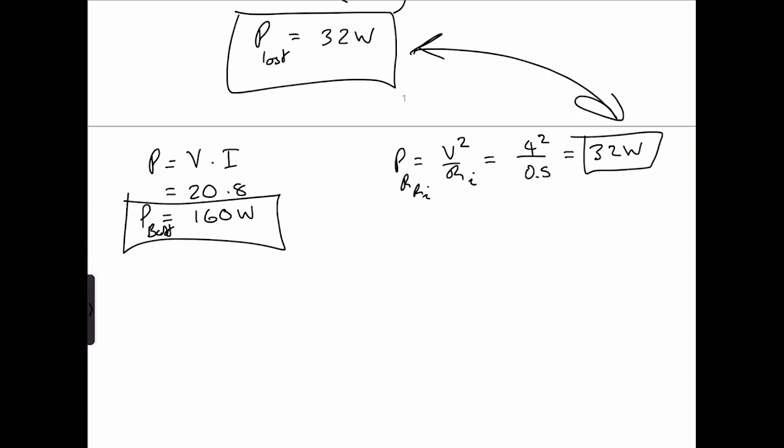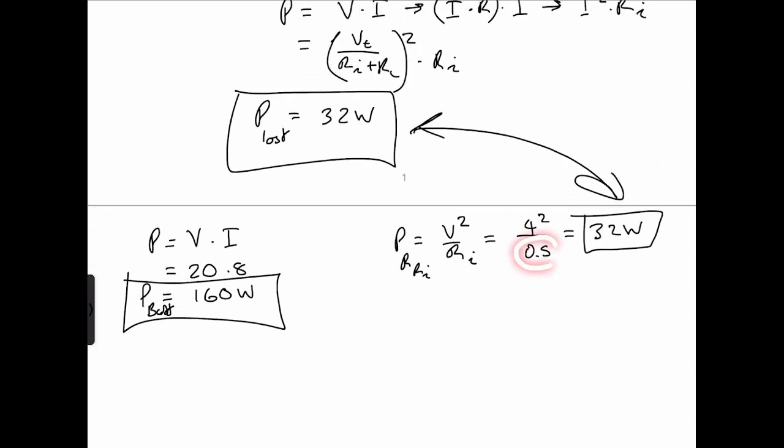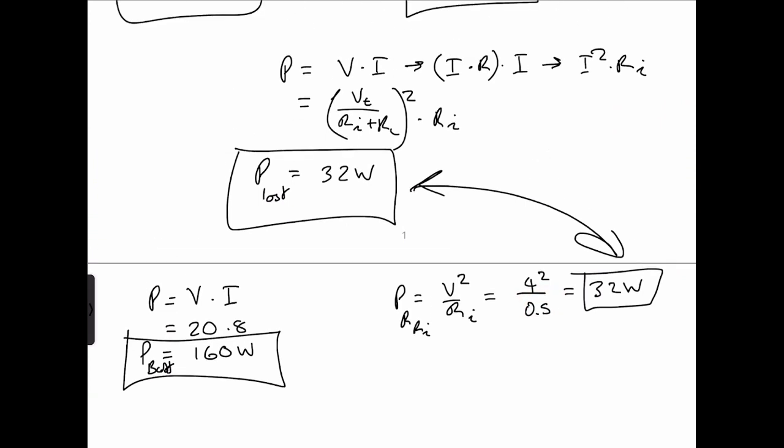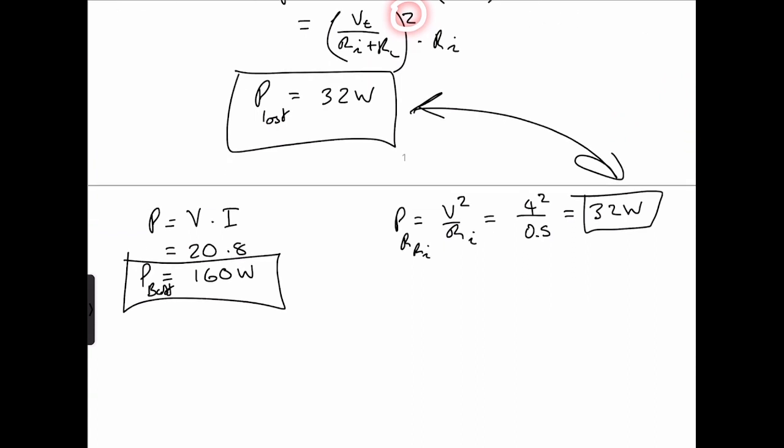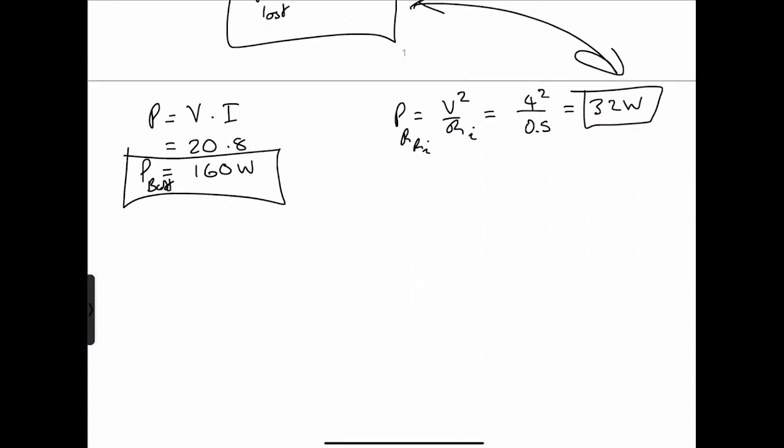For this one, we used the voltage drop across divided by the total resistance. For this one, we used the current through multiplied by the resistance. However, this current is going to be squared. Then we can find the power consumed by the load.